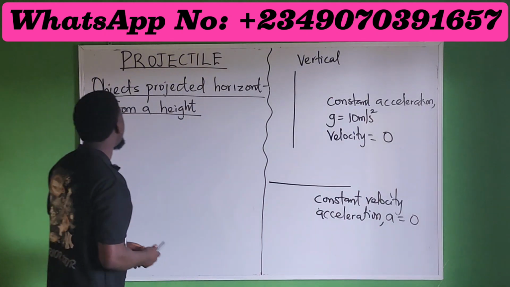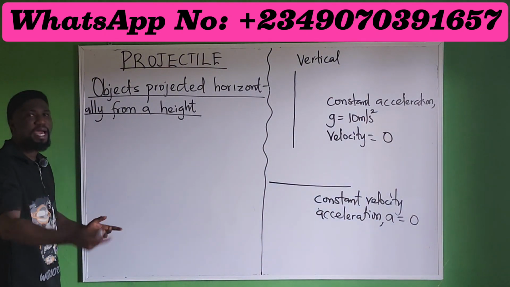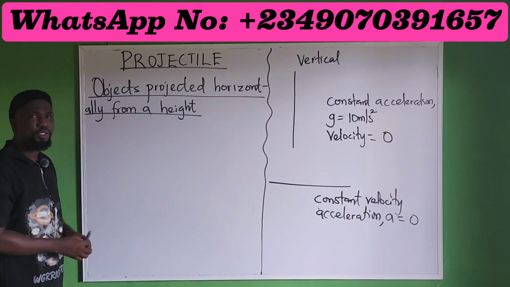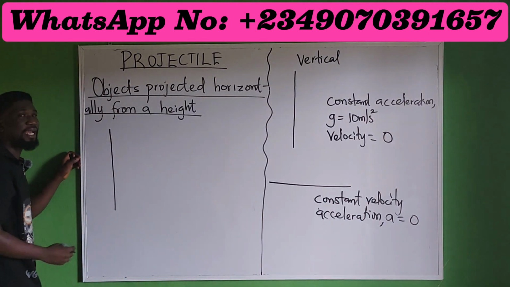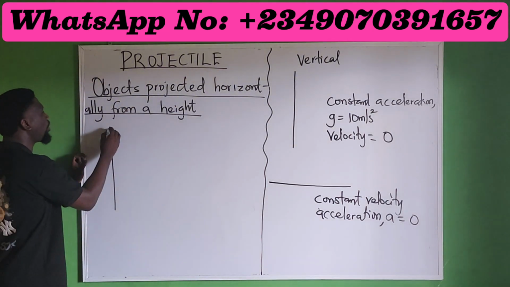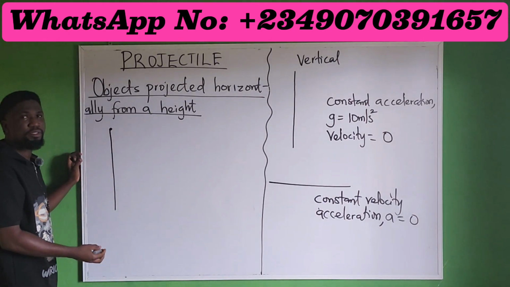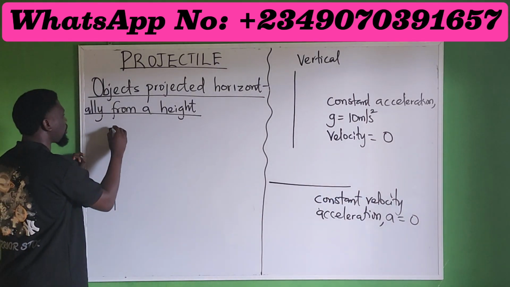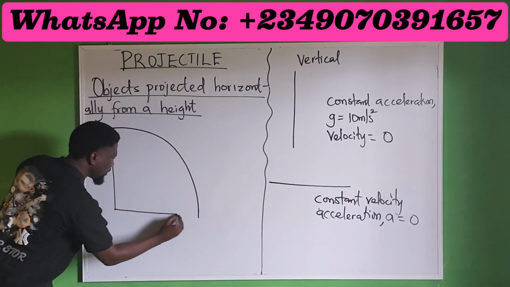Alright, so now we want to deal with object projected horizontally from a height. What does that mean? Let's say we have this representing the height of a cliff. An object is being projected horizontally in such a way that it's going to travel this way, then it's going to land.